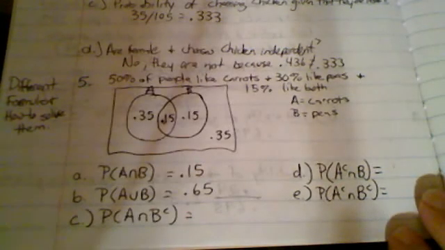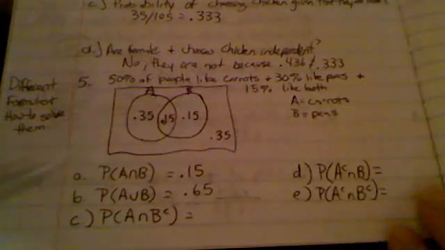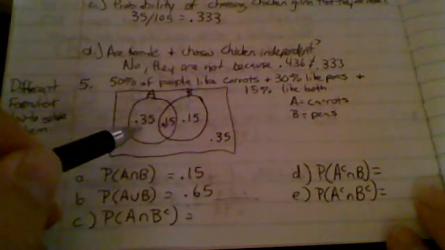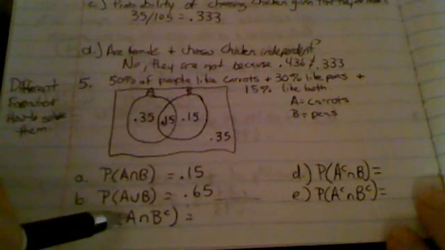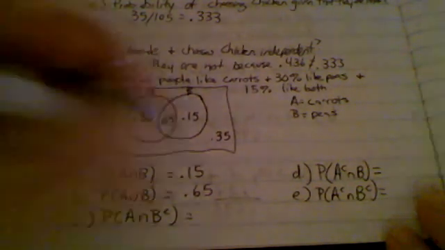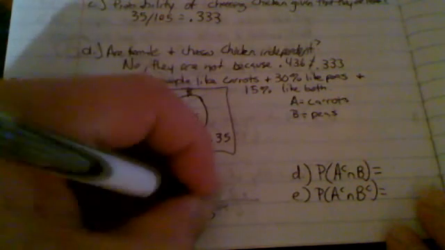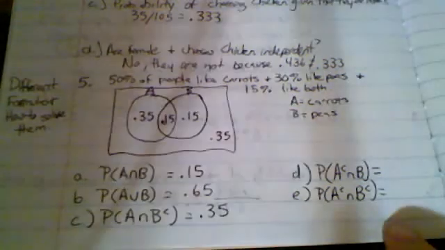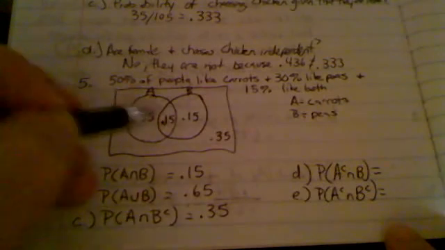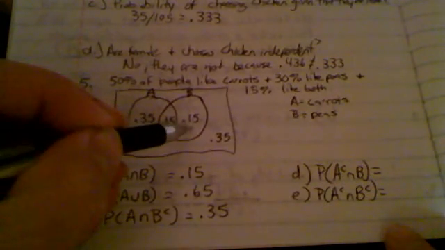C, the probability of getting A and not getting B. So just A and not B, that's right here, that's 0.35. It's not in the B circle, but it is in A. D is the probability of not getting A and getting B. So we don't get in the A circle, but we do get in the B circle.